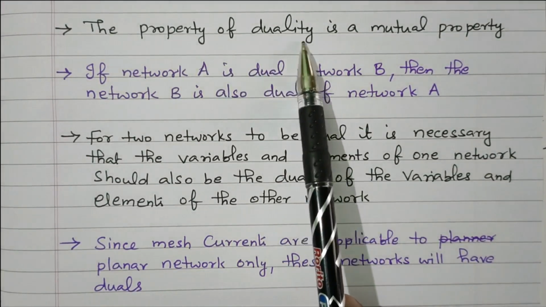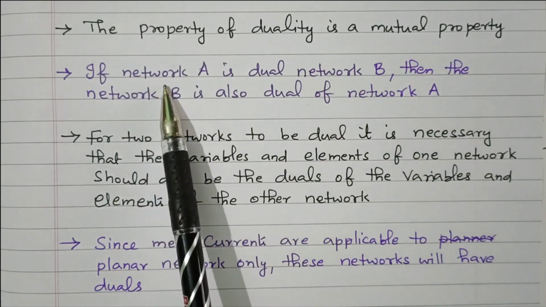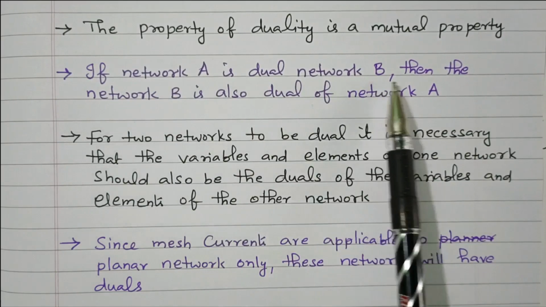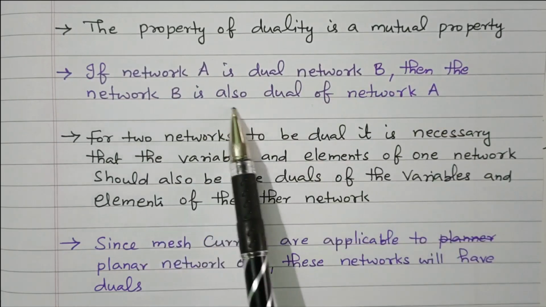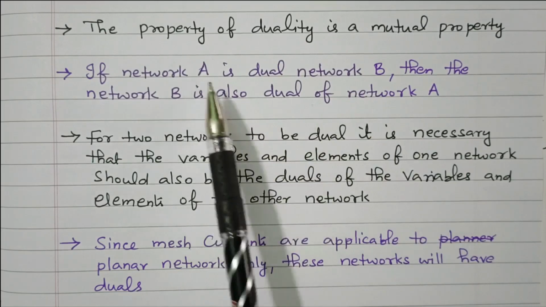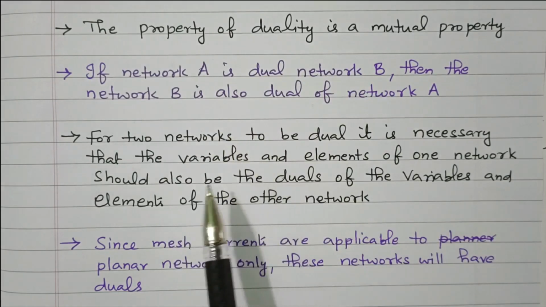The property of duality is a mutual property. What is that mutual property? If network A is the dual of network B, then network B is also the dual of network A, right? So A is the dual of B means B is also the dual of A. That is called a mutual property.